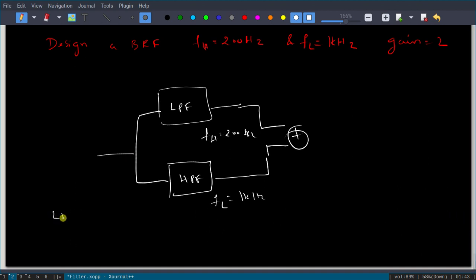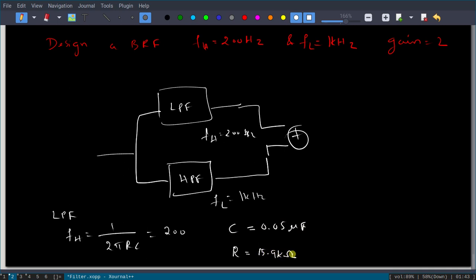First we will see the LPF. Its cutoff frequency FH is 1 by 2 pi RC, and that is 200 hertz. This depends on the capacitor. For the low pass filter, if you keep C as 0.05 microfarad, R you get is 15.9 kilo ohm.